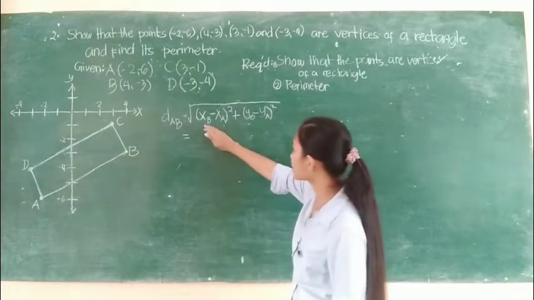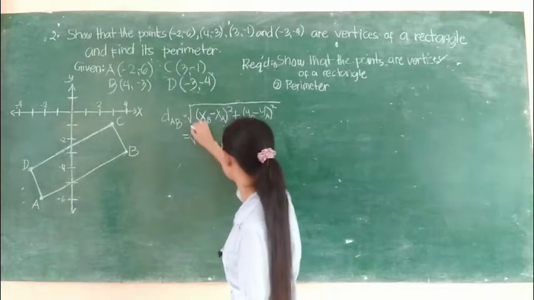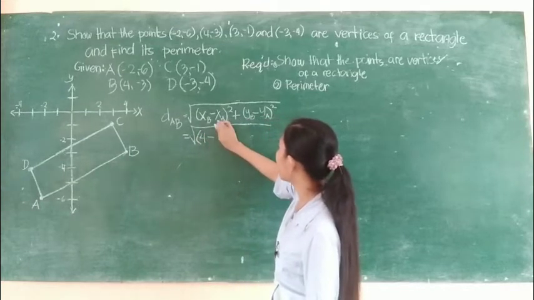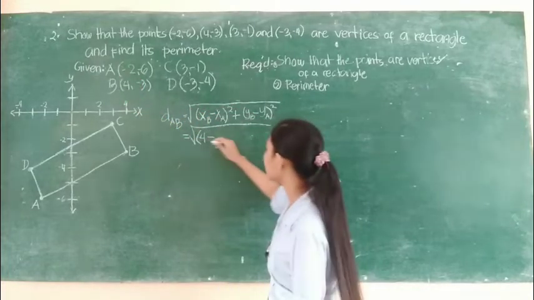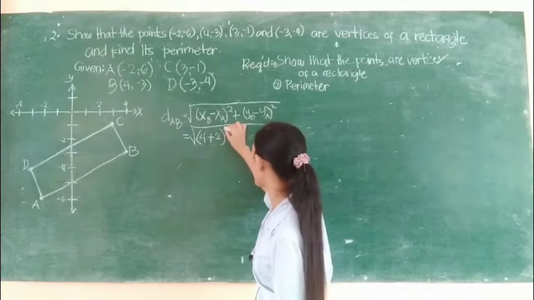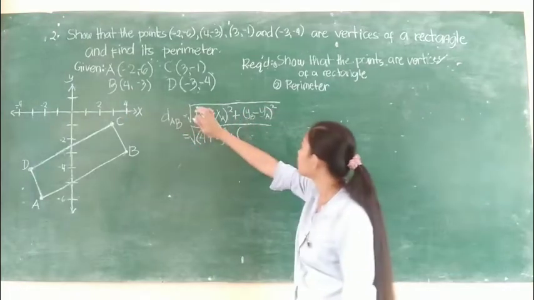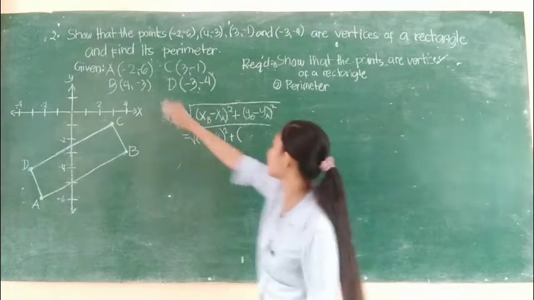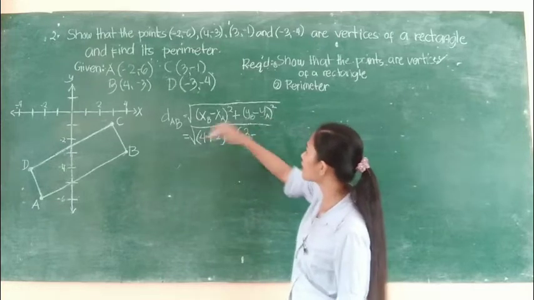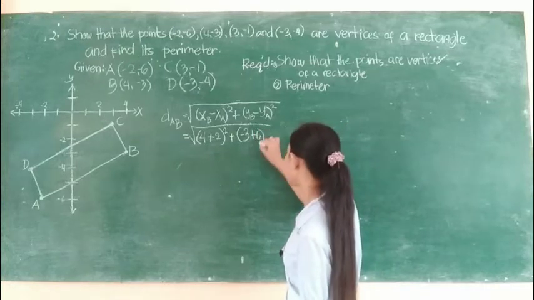Next, x sub B is equals to 4 minus x sub A, which is -2, so it will become 4 plus 2 squared plus y sub B, which is -3, minus y sub A, which is -6, it will become plus 6 squared.